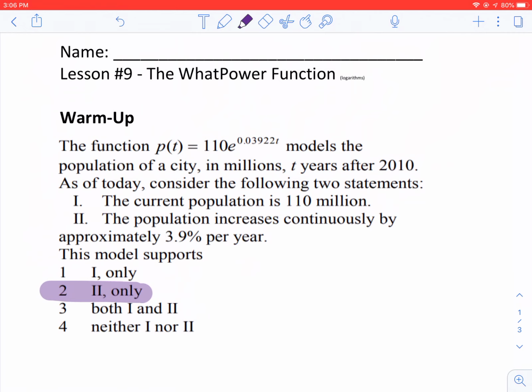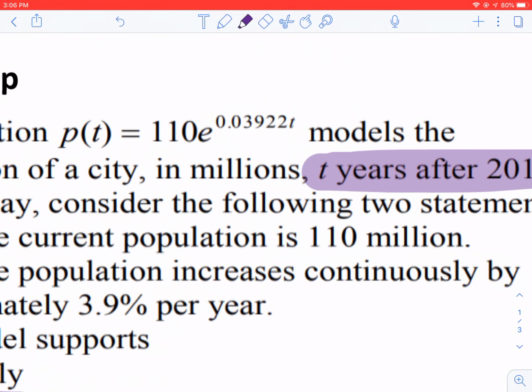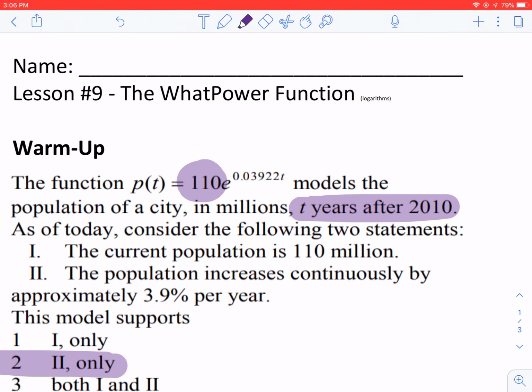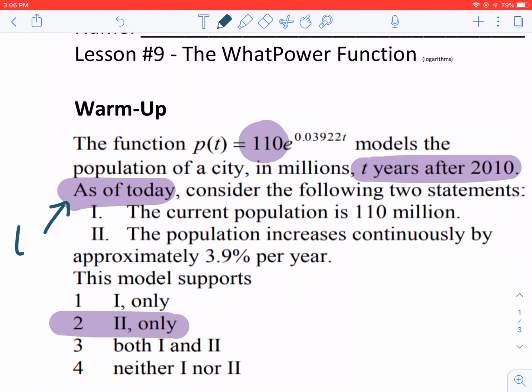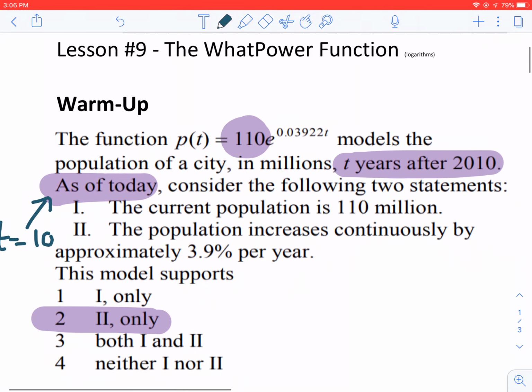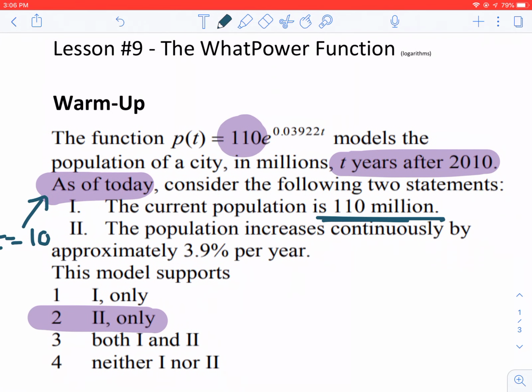The current population is 110 million. t years after 2010 means that 110 million was the initial population at t equals 0. So in 2010, the population was 110 million. Today would be 2020, so to find the population today, we have to plug in t equals 10, which would obviously not still give us 110 million.